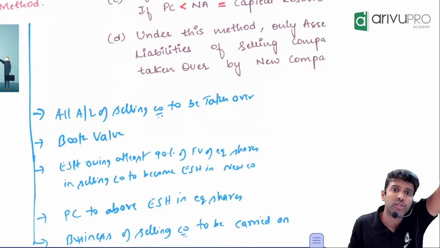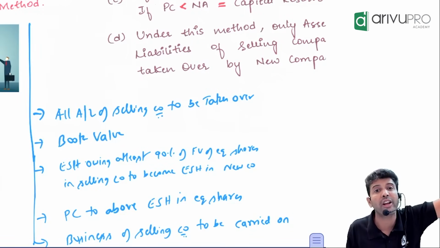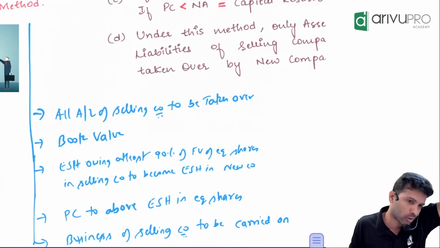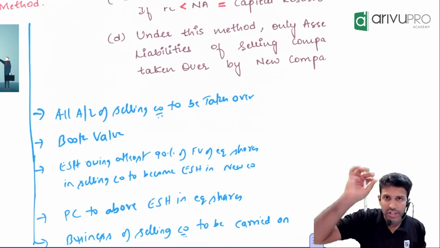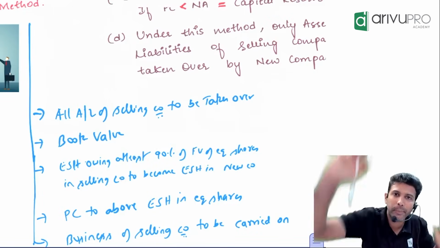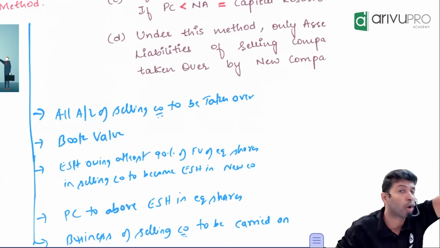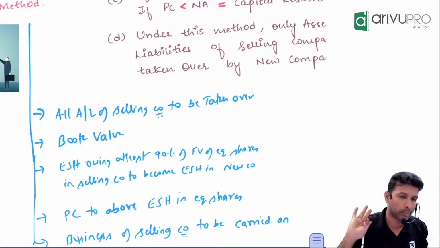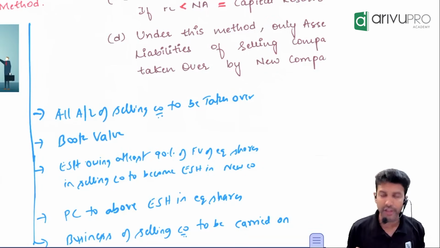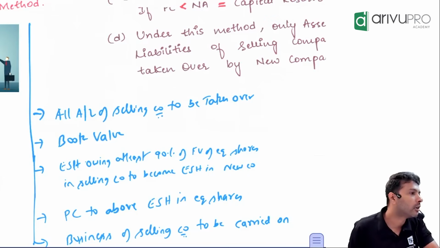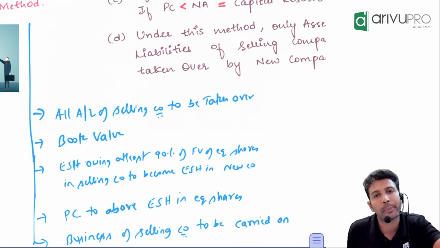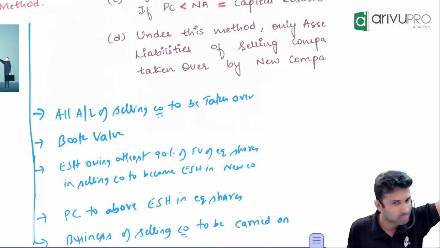Earlier the shareholders were holding shares in which company? The selling company. Now they got new shares of which company? Arivu. That is what the condition is saying. The shareholders who are owning 90% shares in the selling company should also become shareholders in the new company. In the new company, how much percentage should they own? That could be 1%, it could be 0.5%, it could be 100%, it could be whatever percentage. That is not a criterion.